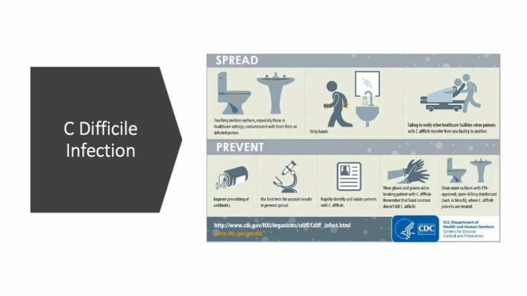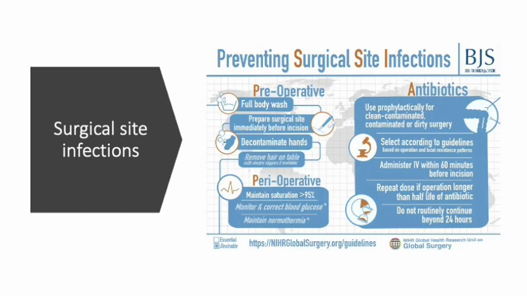Another important intervention is prompt recognition, treatment, and isolation. Patient should be given a single room, and contact precautions should be followed till the diarrhea has subsided for more than 48 hours.